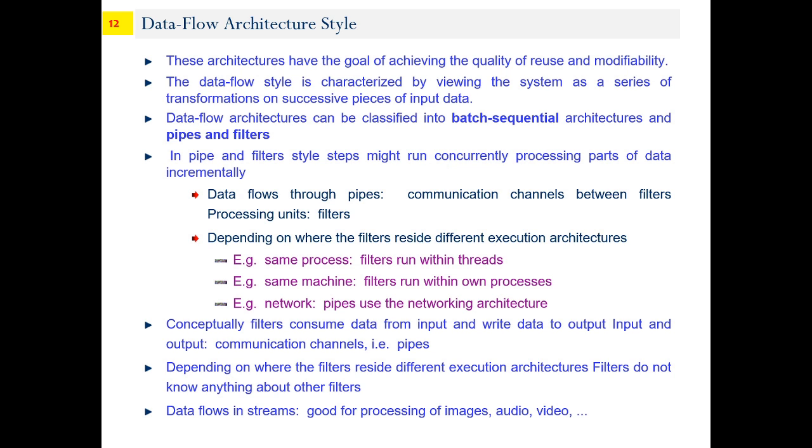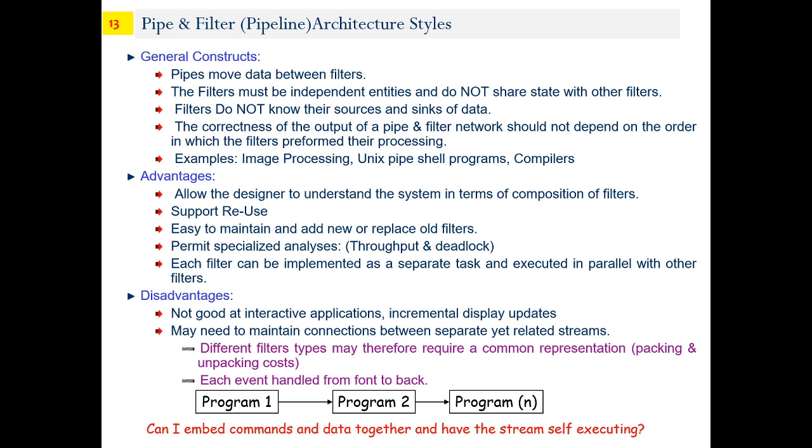Conceptually, filters consume data from input and provide output, and then pipe and filter. We are aware of what pipes do and what filters do, so no summarization is required here, but to remind you, filters do the computational jobs and pipes are used for communication.